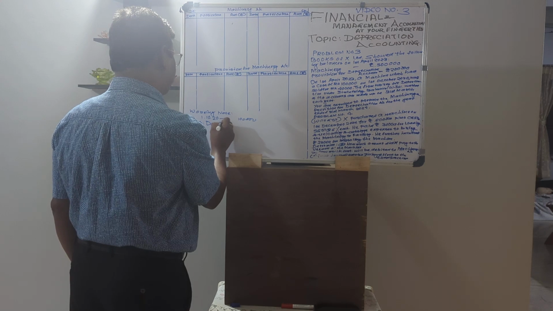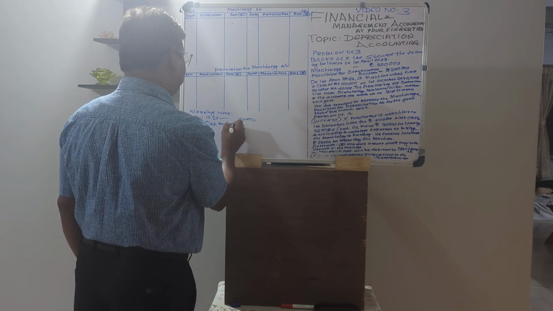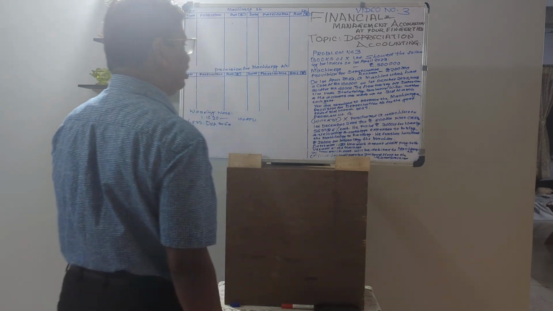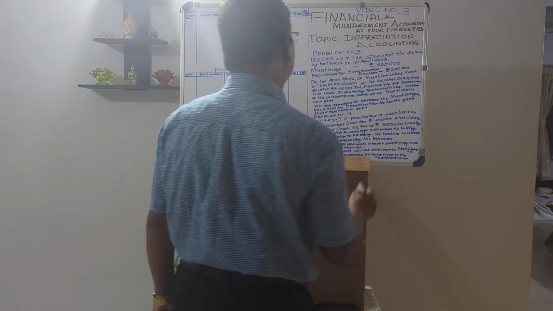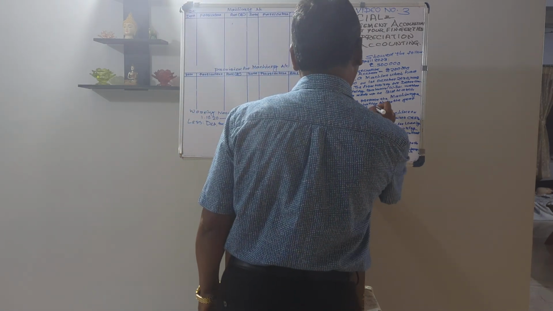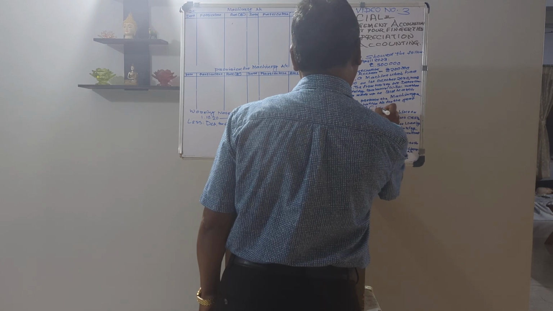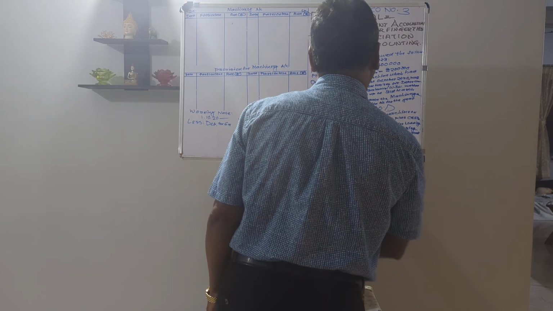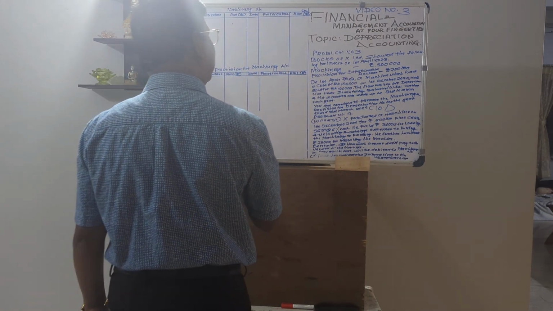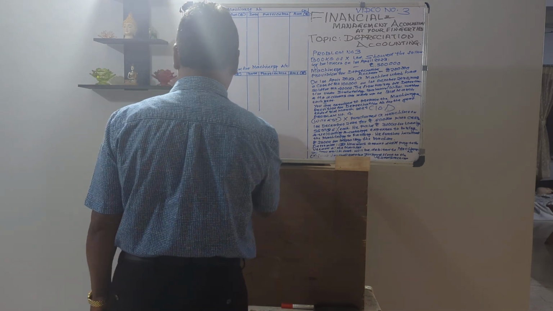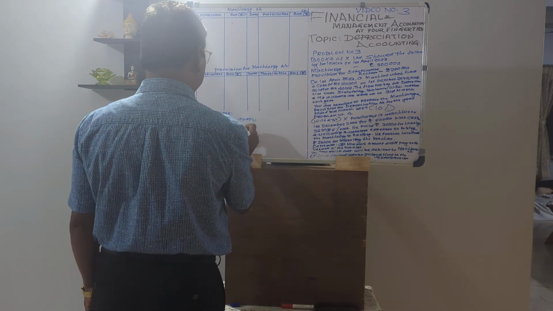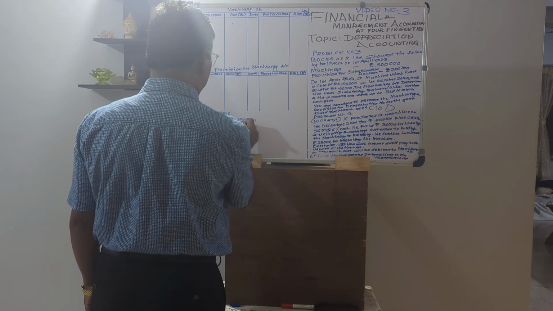So the depreciation rate, say, is 10%. So 10% is the rate of depreciation per year. 10% means 10,000 per year. For 6 months it is 5,000.